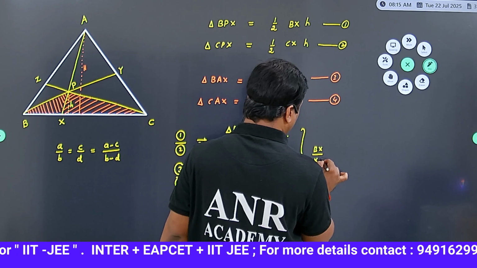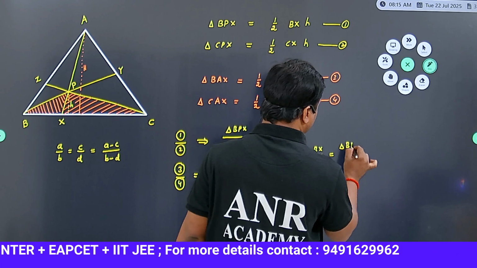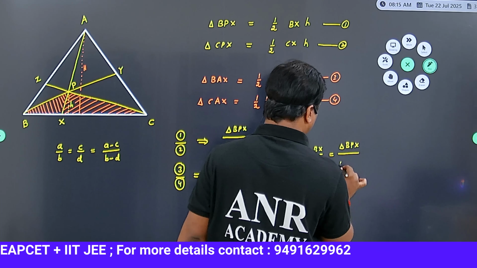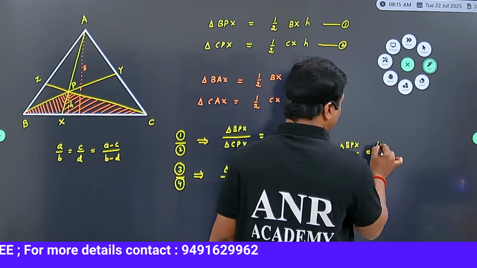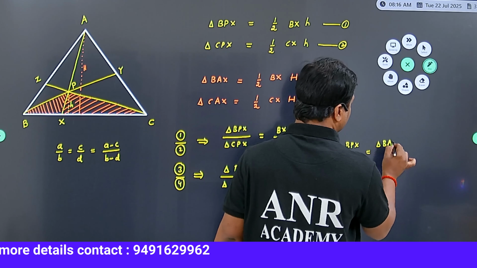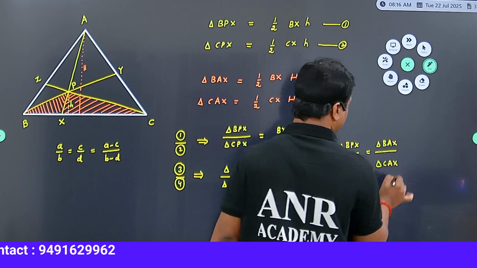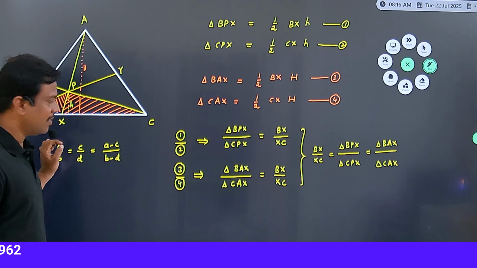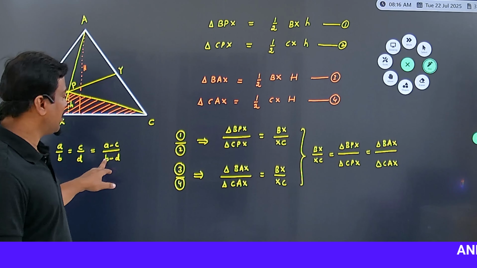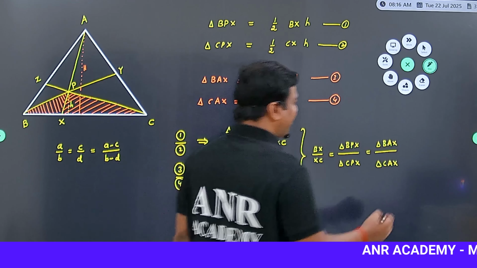BX by XC equal to delta BPX divided by delta CPX, also equal to delta BAX divided by delta CAX. These two ratios are like A by B equal to C by D. So by ratio proportion I can write it is also equal to A minus C by B minus D.